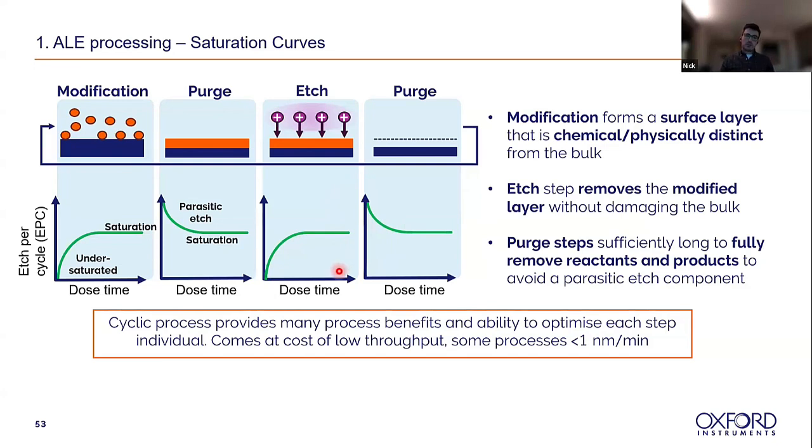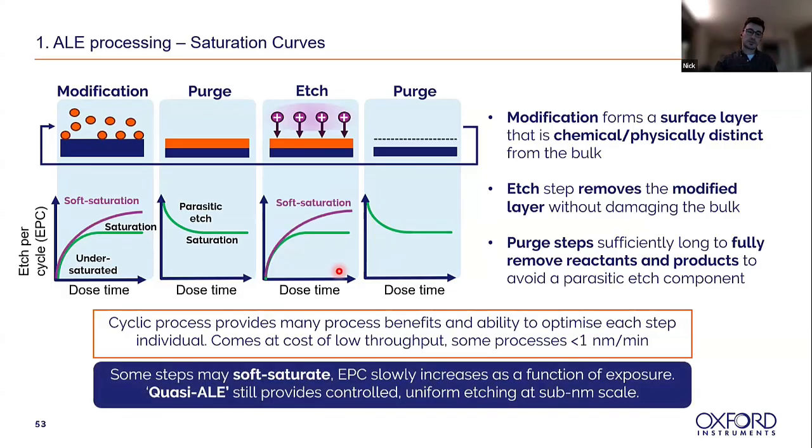The great thing about the cyclic process is that it does provide the process benefits that I've mentioned, but it does come at the cost of very low throughput, to the point that some processes etch at less than a nanometer a minute. So these ALE processes are typically reserved for applications where you need roughness as low as possible.